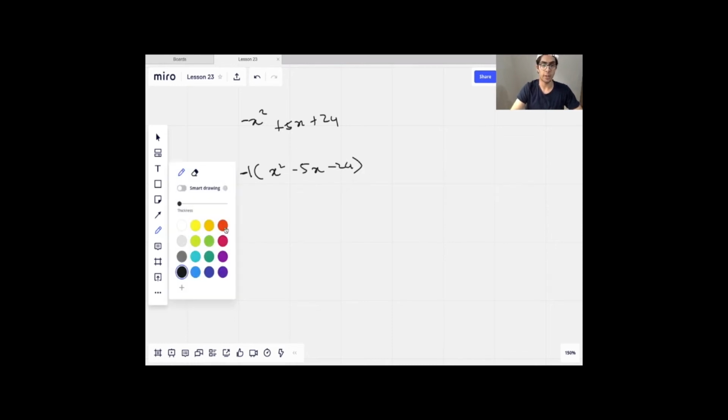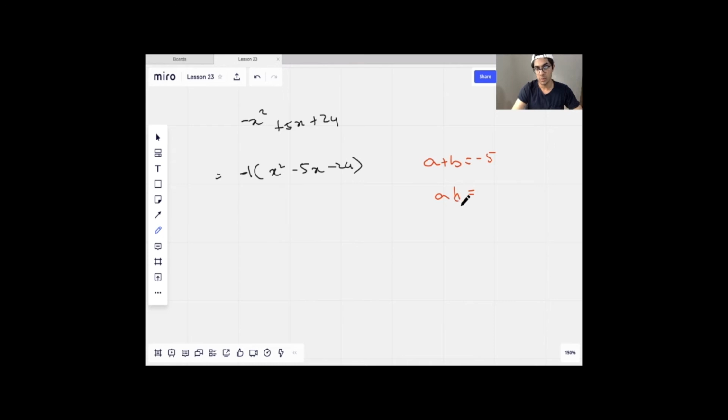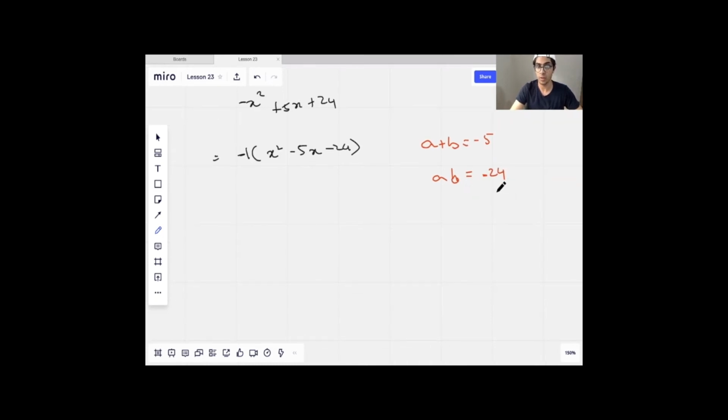So we think, okay, a plus b equals minus 5, ab equals minus 24. As usual, we'll start with this one. Since it's a minus here, we know one of the numbers is going to be positive and the other negative.